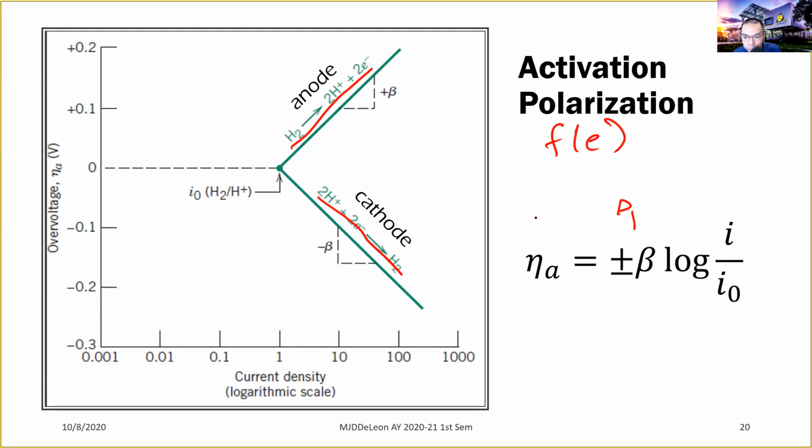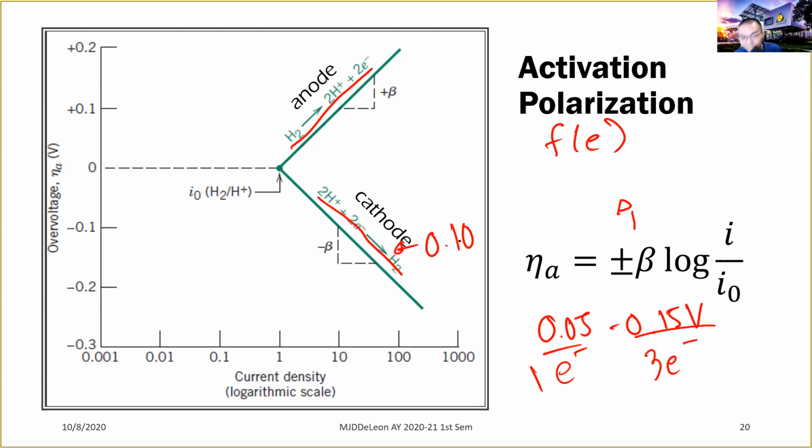Different lang sila ng signs. And yung values ng beta natin is from 0.05 to 0.15 volts usually. So pag 0.05 volts is around siguro parang isang electron in exchange, and 0.15 parang tatlong electrons in exchange in the half reaction. So for hydrogen, yung beta nito, this is around 0.10.